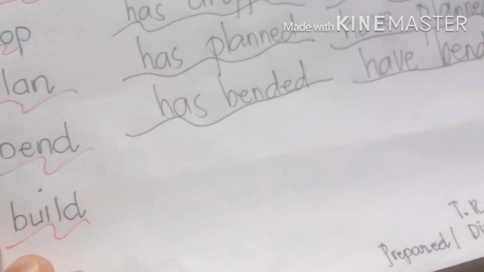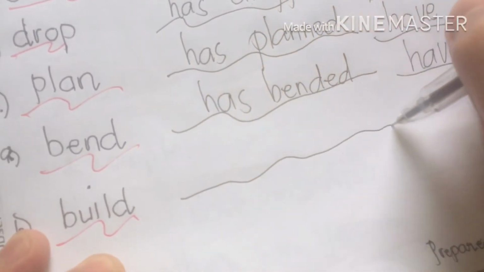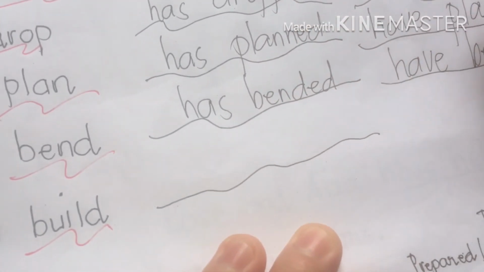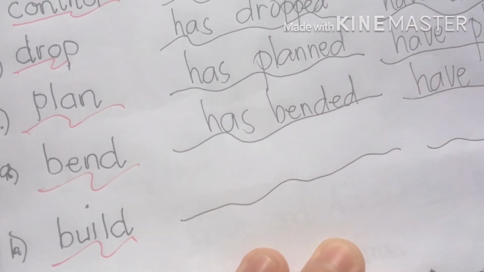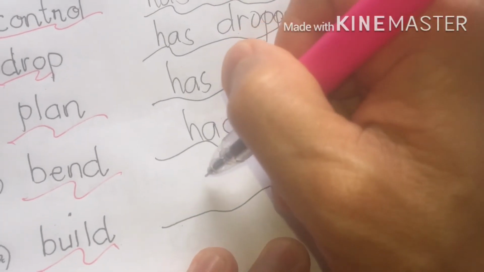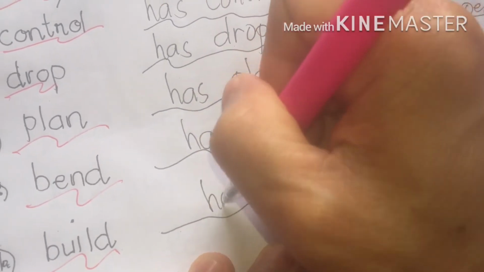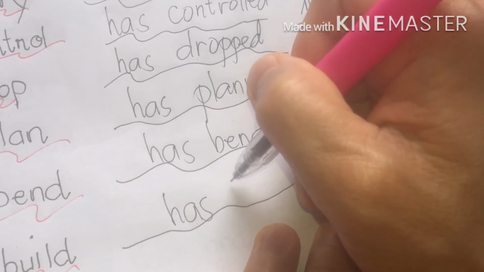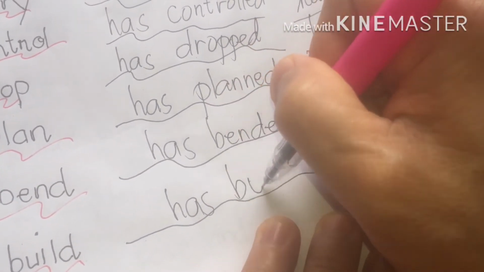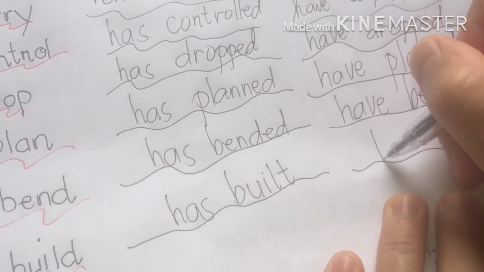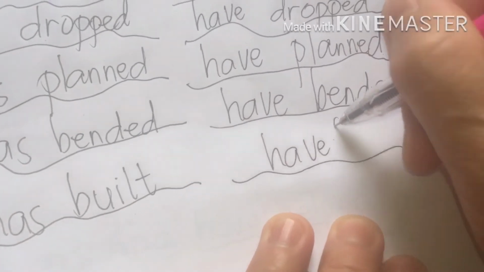Next, the last, my dear student, the verb build. So the past participle of build we have built.